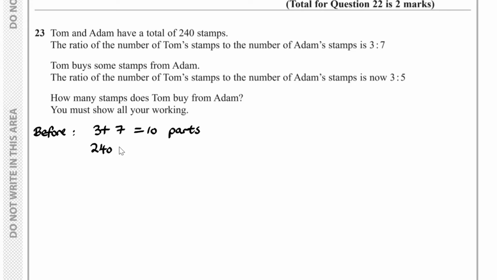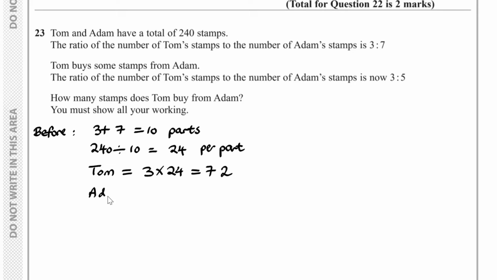So 240 divided by 10 is equal to 24. So here we have 24 per part. So Tom, he had 3 times 24, which is 72 stamps, and Adam, he had 7 times 24, which is 168 stamps.